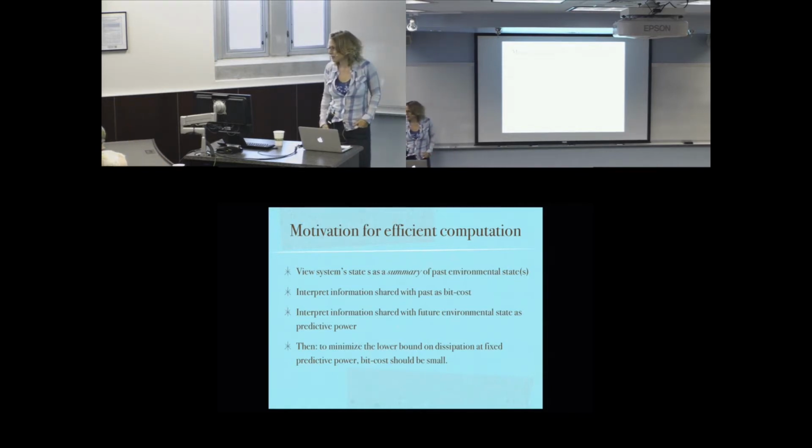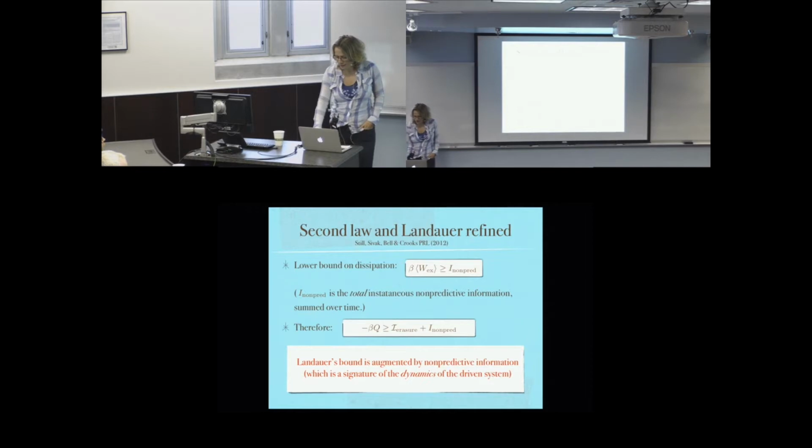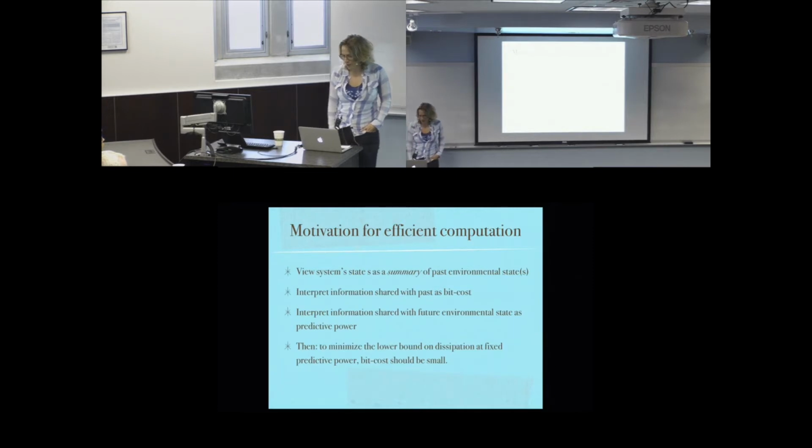So instead of doing that, what we can do is take this physical approach as a motivation for us machine learning dweebs to think about efficient computation, right? We can view the system state as a summary of the environmental states that it has seen in the past.